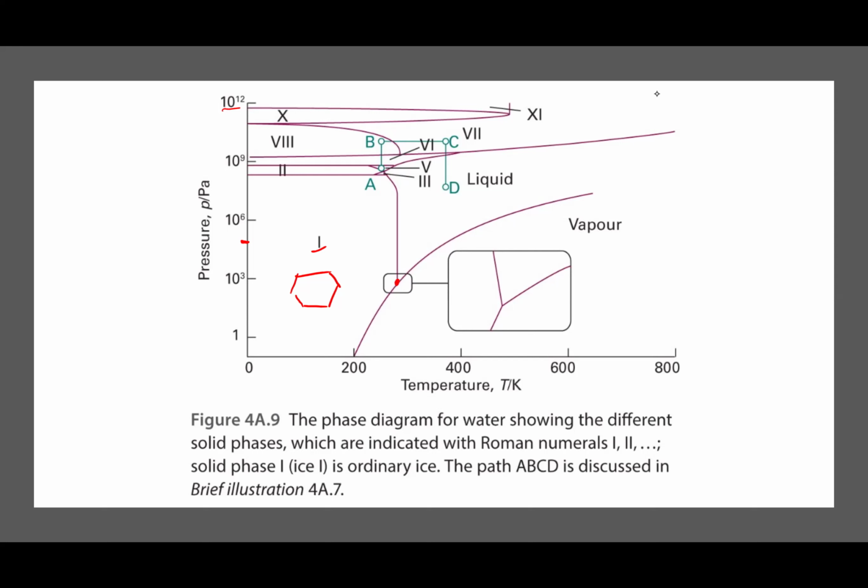I don't know exactly, probably like 298, something like that, and 10 to the third pascals, which is less than atmospheric pressure. So you can't have solid, liquid, and gas water all at the same time unless you actually decrease the pressure in order to do that.